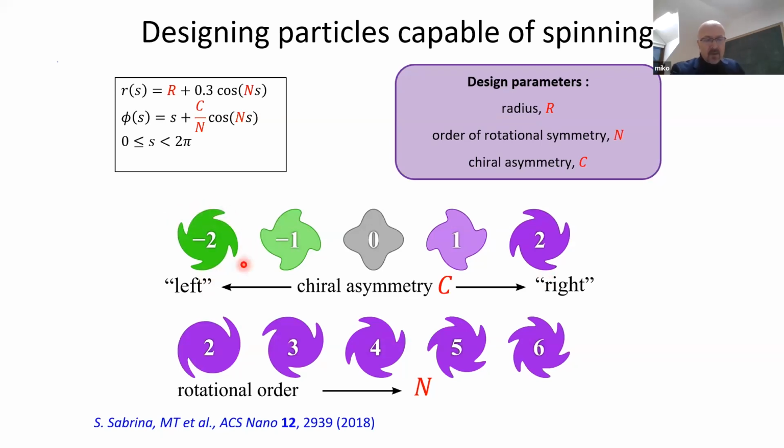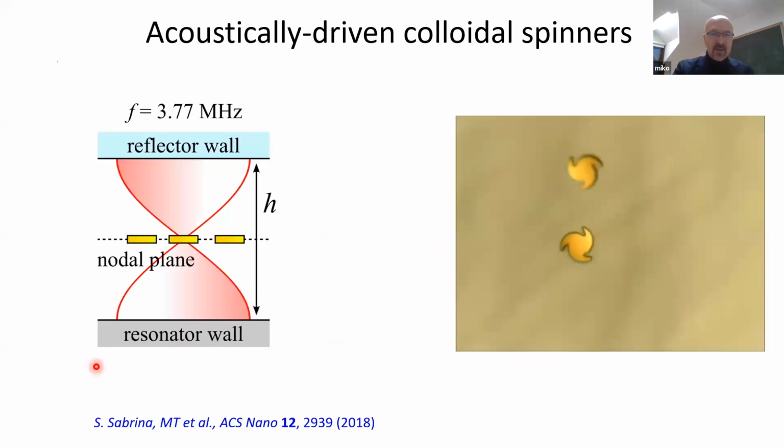These nanoplatelets were synthesized by ion deposition techniques and were composed of gold. They are very thin, of the order of 100 nanometers, with a lateral size of the order of 10 microns. And now the question is how the motion of these objects depends on their shape when we place them in that acoustic chamber. So here is the experimental setup, with our resonator wall and reflection wall.